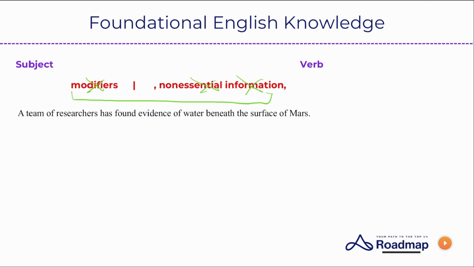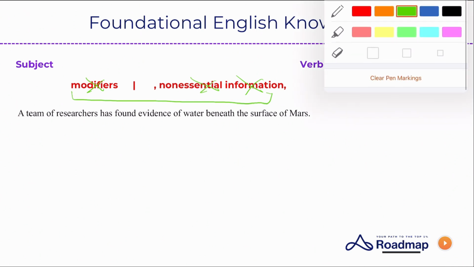You can mentally cross out the modifiers and non-essential information when you see them appear in a sentence, when you're looking for the subject of that verb. If you look at this example, it says: a team of researchers has found evidence of water beneath the surface of Mars.